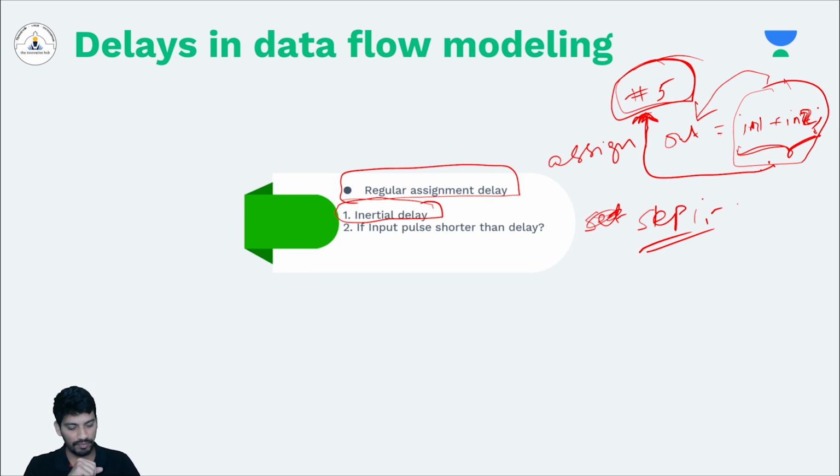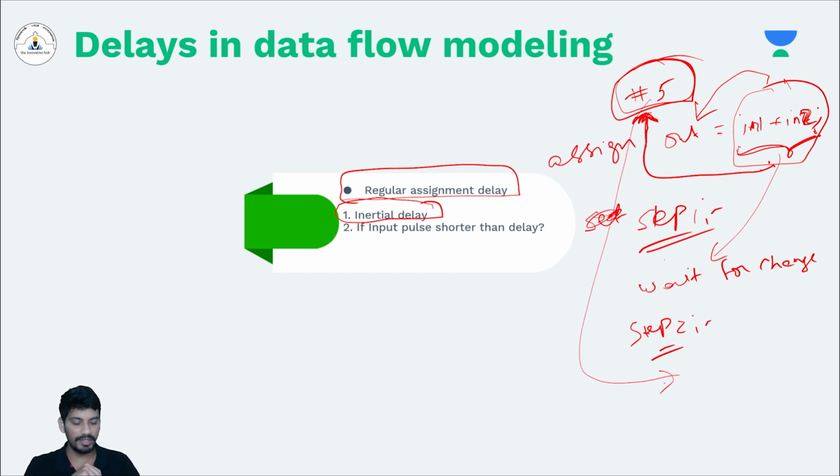So in this case, first step is it will wait for change in inputs. Once there is change in inputs, the next step is it will check for this delay statement. If there is delay, then it will wait for that much amount of time and it won't allow any output in that particular time.